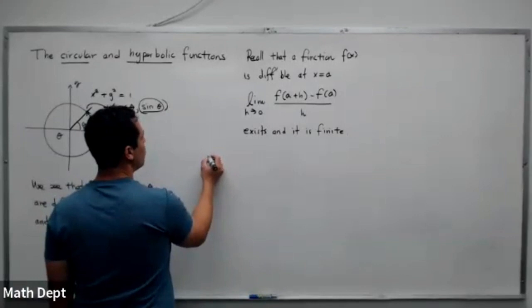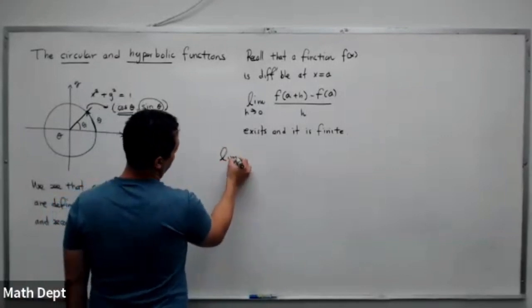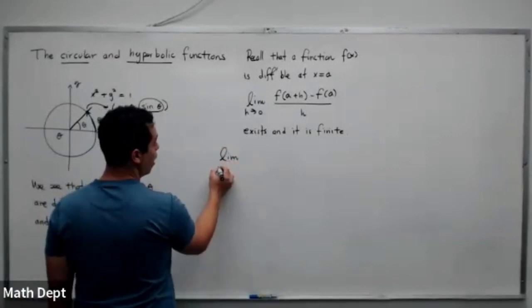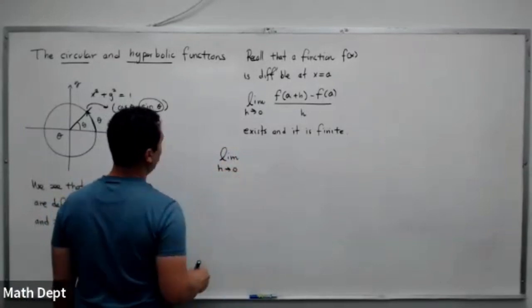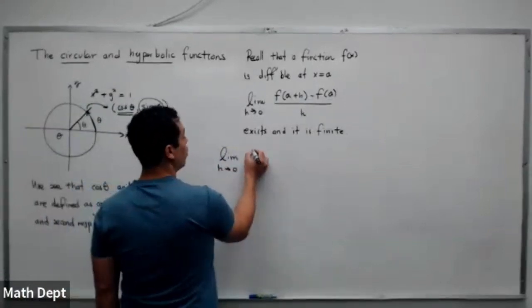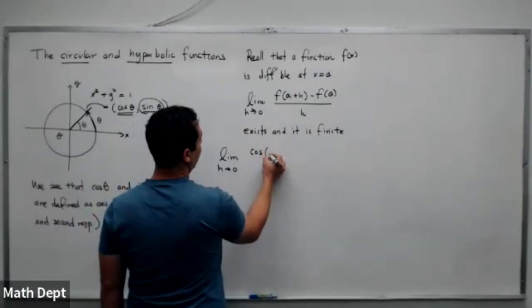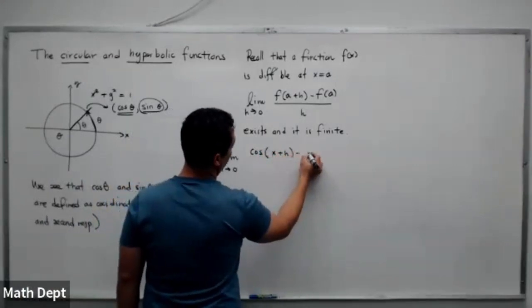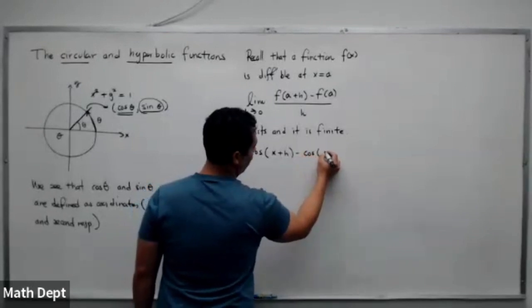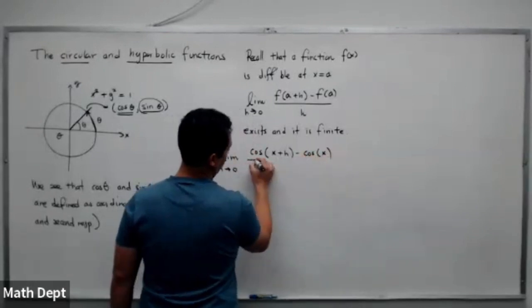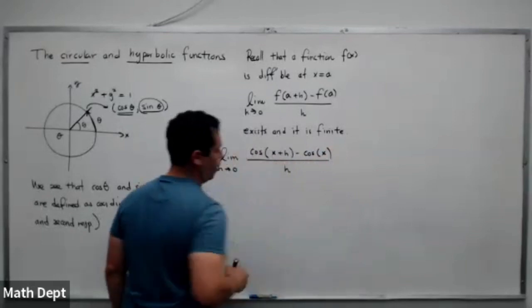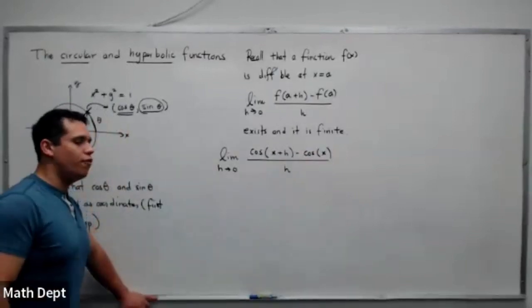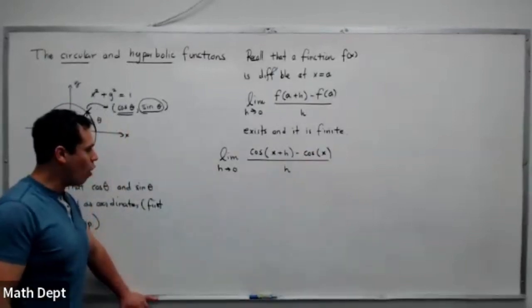So I want to investigate the limit as h tends to 0 of cosine of x plus h minus cosine of x over h. That's the first thing that I want to do. Okay.